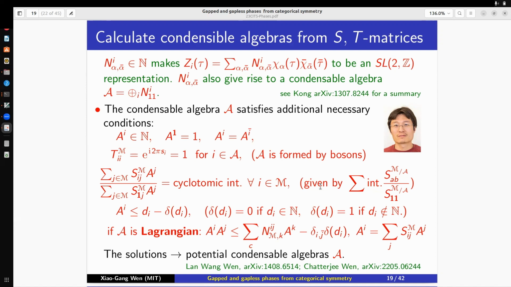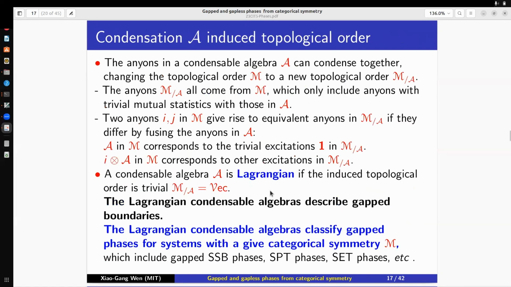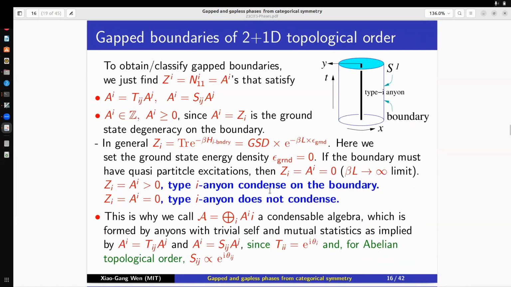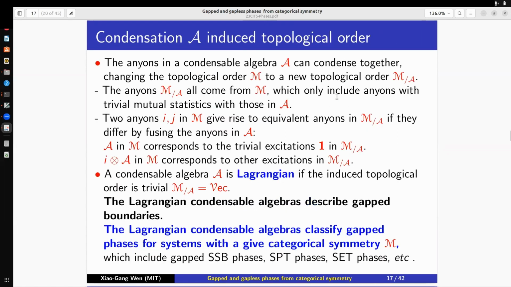And then, as you mentioned, if you find a condensed algebra which is not maximum, then we believe we also have a boundary, but that boundary cannot be gapped, it must be gapless. The picture is this.